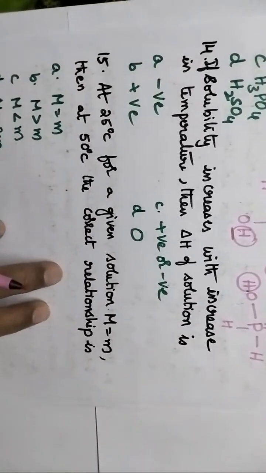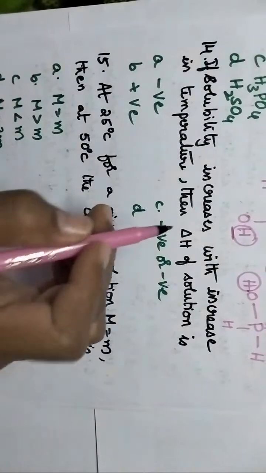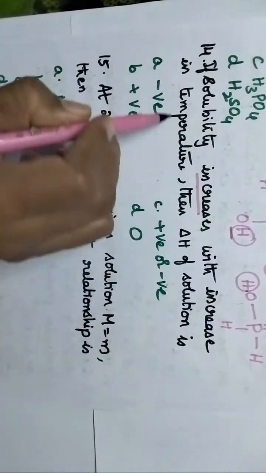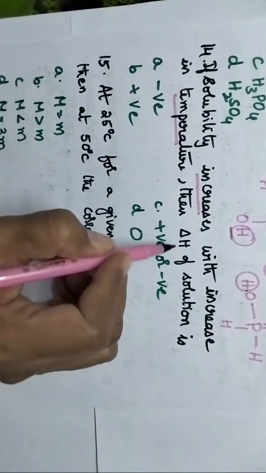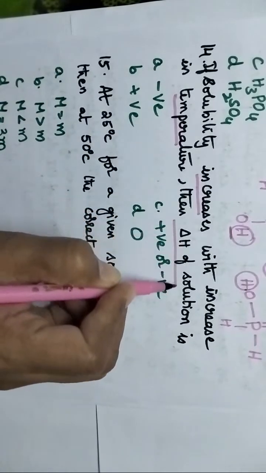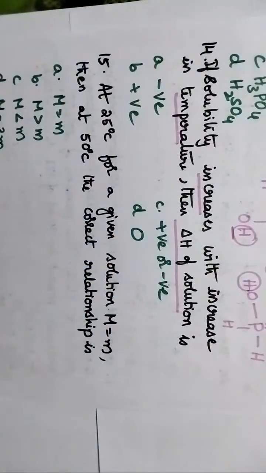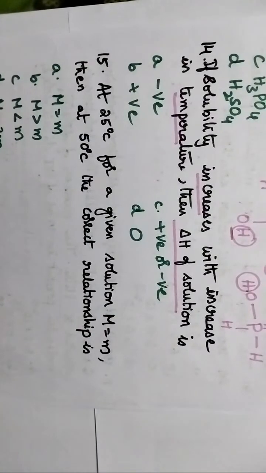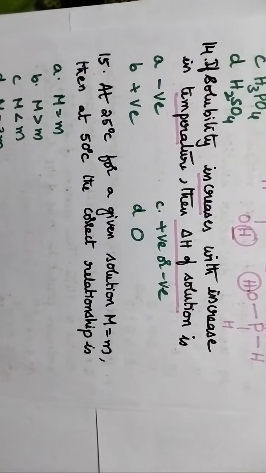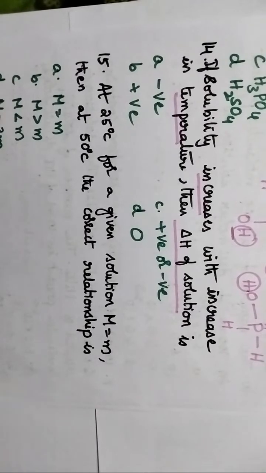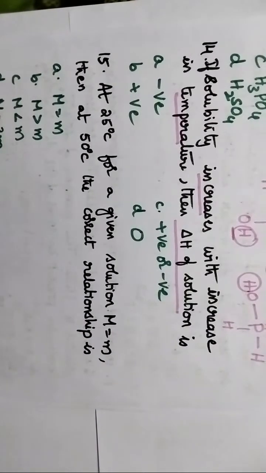Next one is a logical question. If the solubility increases with the temperature, then the change in enthalpy, delta H, means the change in enthalpy of the solution, you have to guess. As the solubility increases along with the temperature, how does enthalpy change, whether it is a negative quantity or a positive quantity, or it can be positive or negative or zero, you have to identify.